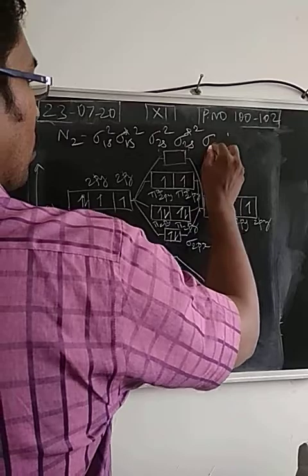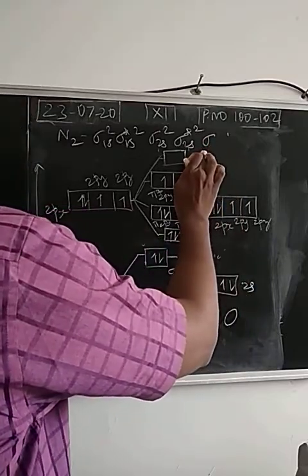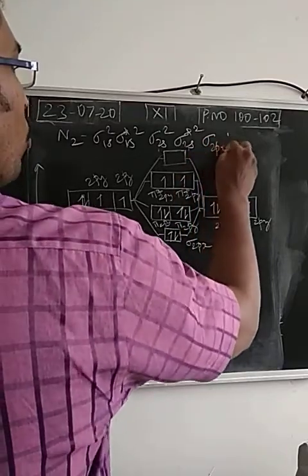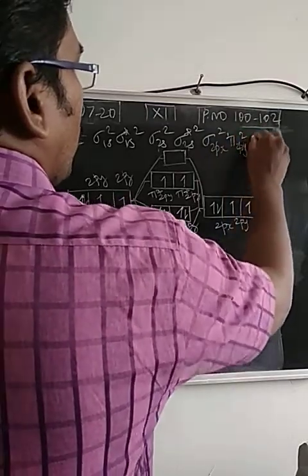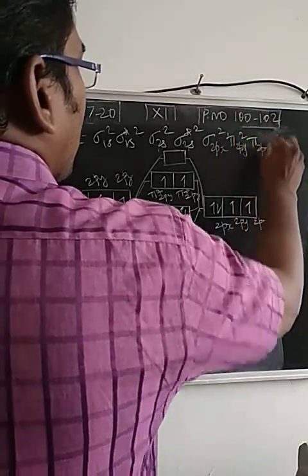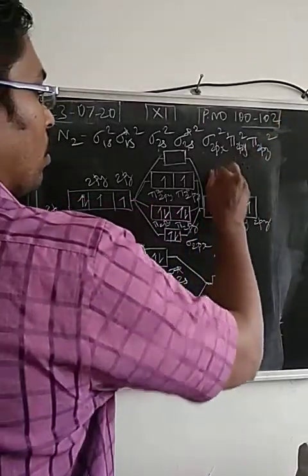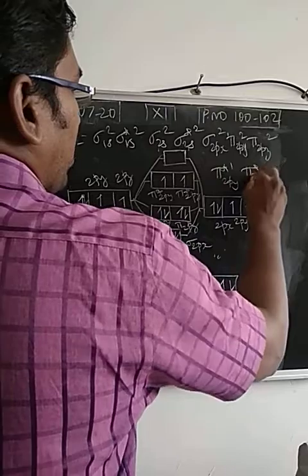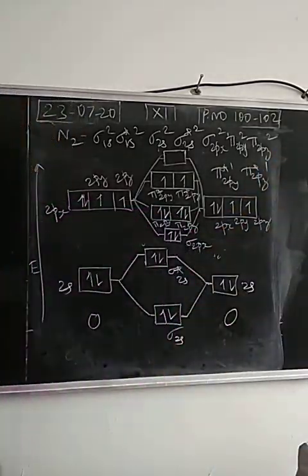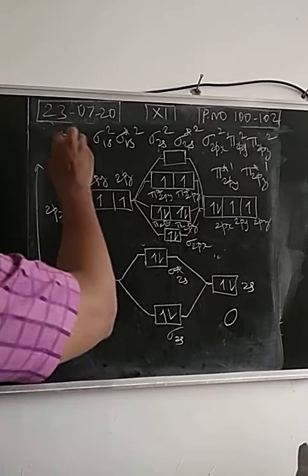Then now the order will be changed, lower energy first: sigma 2px2, pi 2py2, pi 2pz2, then pi star 2py1, pi star 2pz1. So this is the electronic configuration for the oxygen molecule O2, not N2, O2.